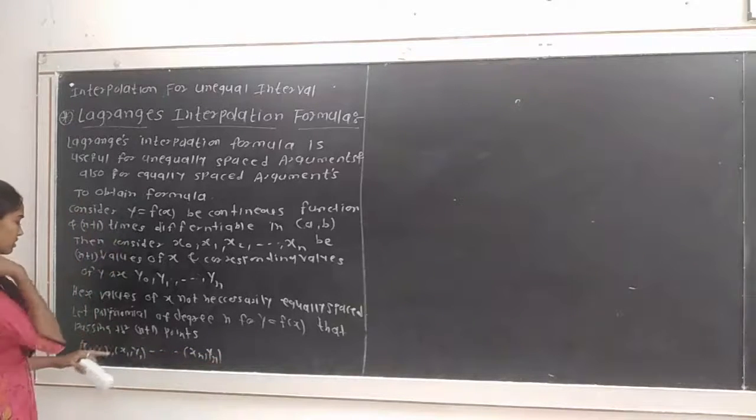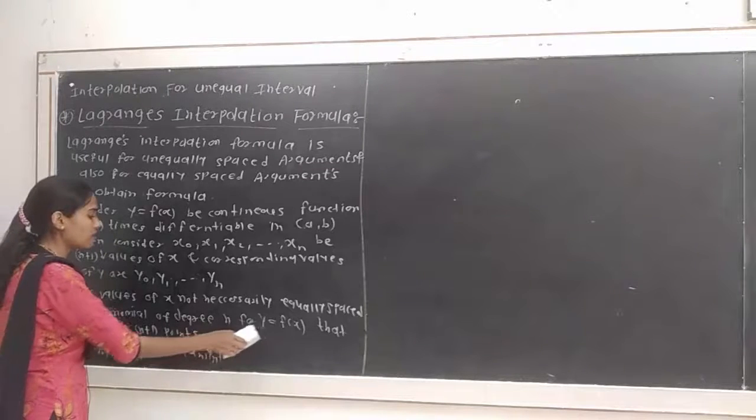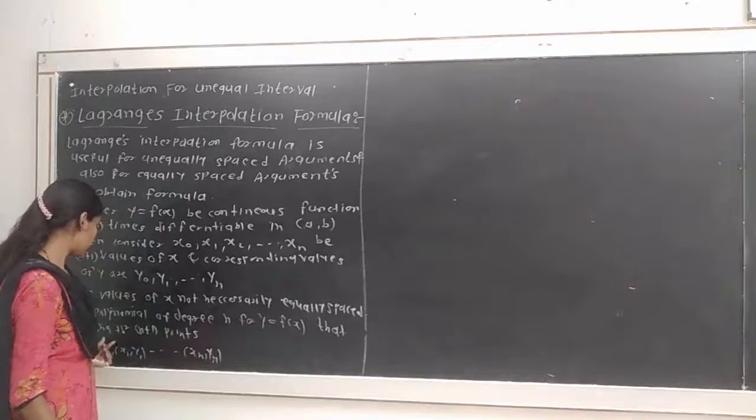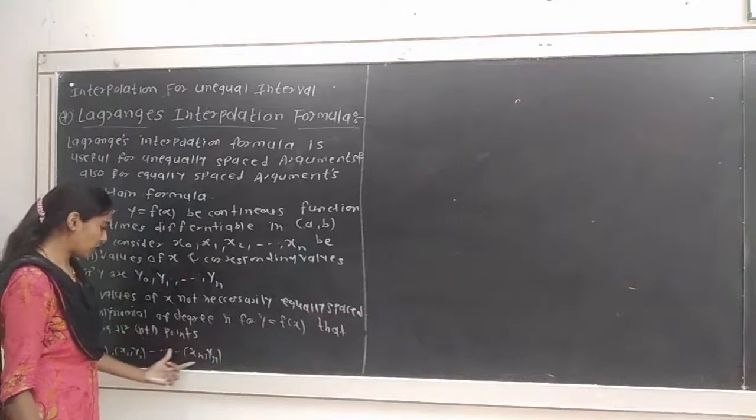Here we first consider the polynomial of degree n for the function y is equal to f of x passing through these points.